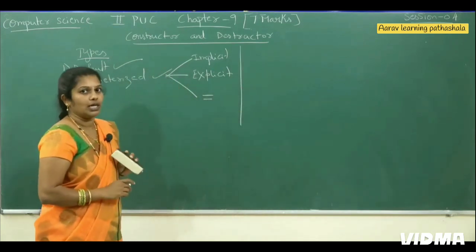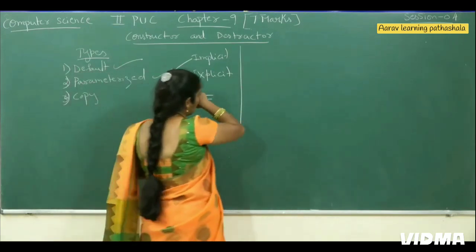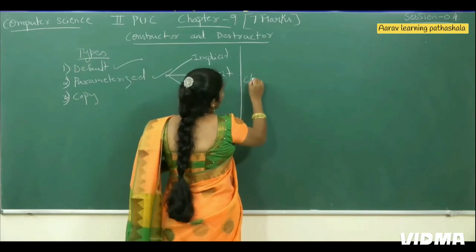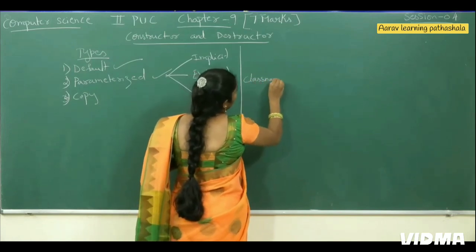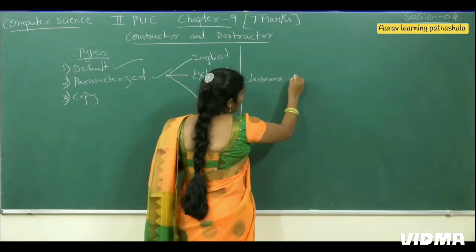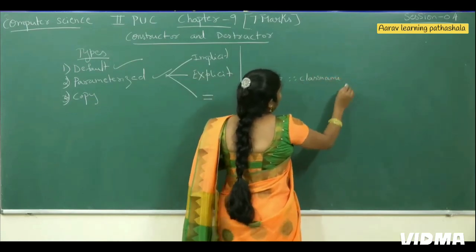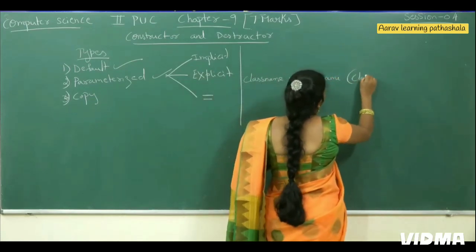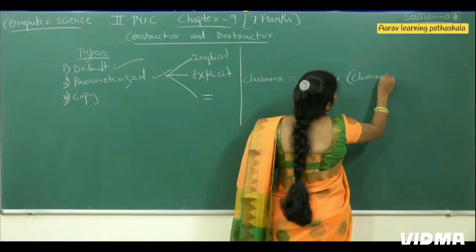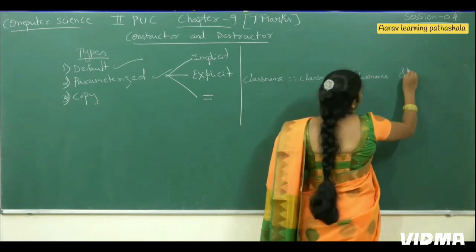Before explaining the advantages and disadvantages, first I am going to write the syntax. While writing the syntax: class name, scope resolution operator, class name, inside the bracket once again class name, then ampersand ptr.